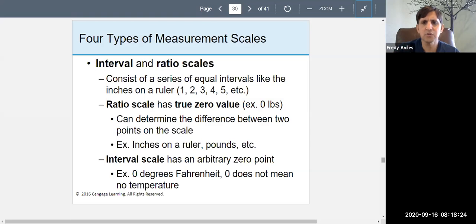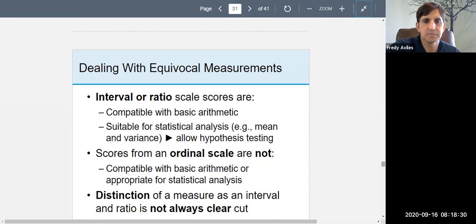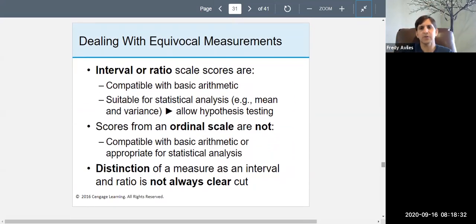But these are very useful, because you can do everything with numbers. You can calculate differences, means, and standard deviations. You can run tests. So interval or ratio scales are compatible with basic arithmetic. You can add them, subtract them, find averages, do your tests for significance, and determine correlations.